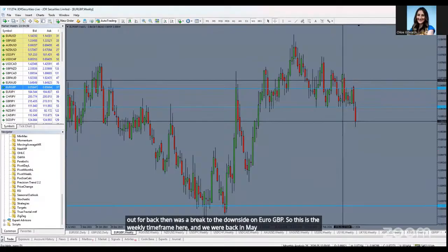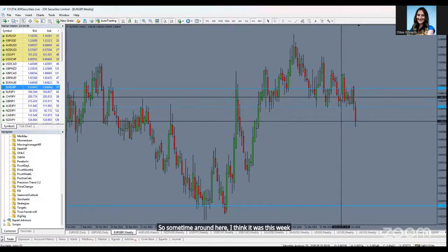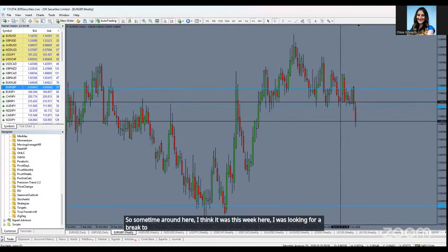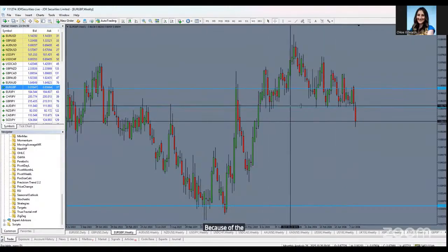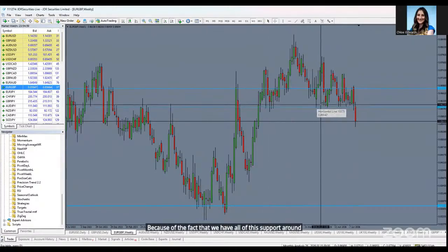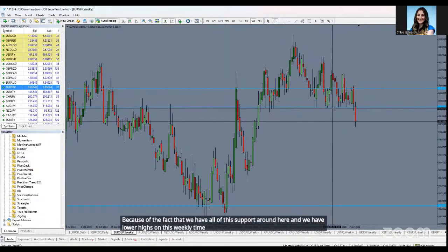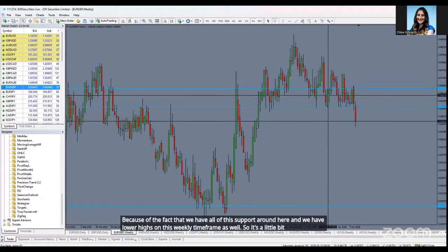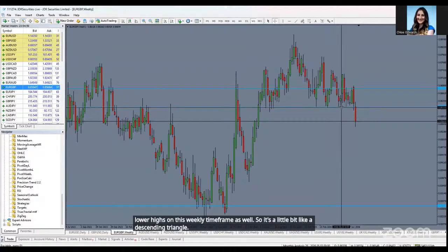So sometime around here, I think it was this week here, I was looking for a break to the downside on Euro GBP because of the fact that we have all of this support around here and we have lower highs on this weekly time frame as well. So it's a little bit like a descending triangle. So I was waiting for this to break to the downside.